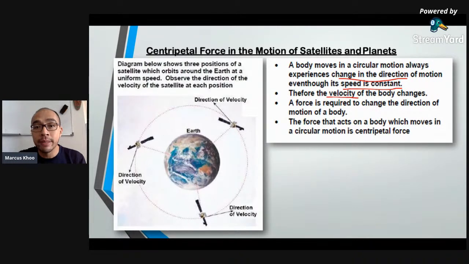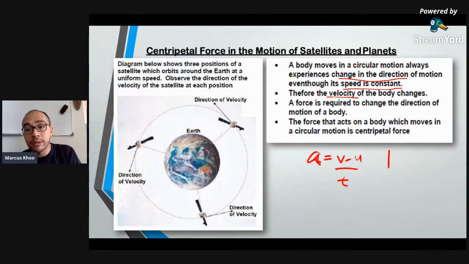Okay, and if you remember our formula, the rate of change of velocity equals acceleration. So whenever there's a change of velocity, there must be an acceleration. And if there's an acceleration, then we can use F equals ma, which we will come to in a while.